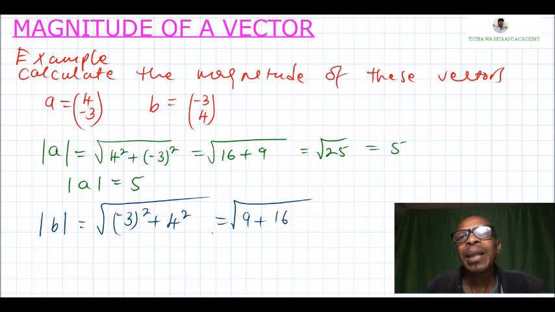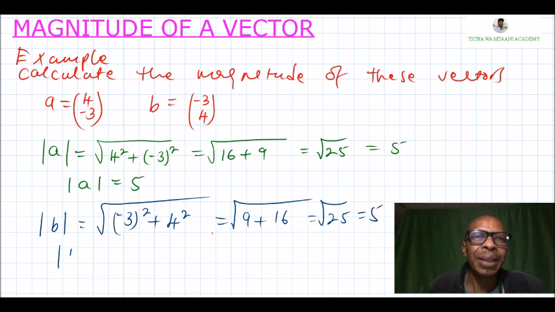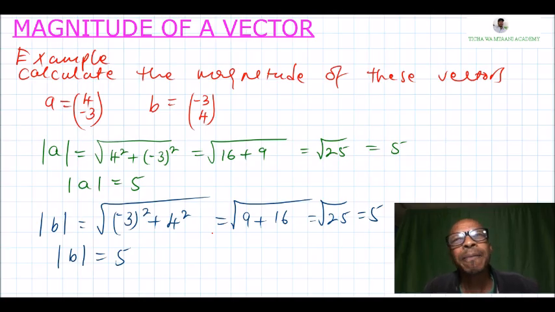That gives you the square root of 25, which is equal to 5, implying that the magnitude of B is equal to 5 units. So that is how you get the magnitude of a vector given the column vector or the components of that particular vector. We make use of the Pythagoras theorem, and I hope that is clear.